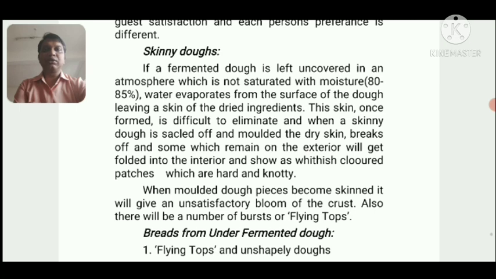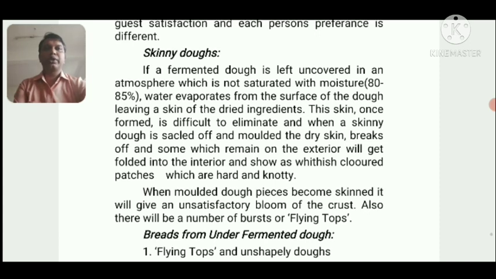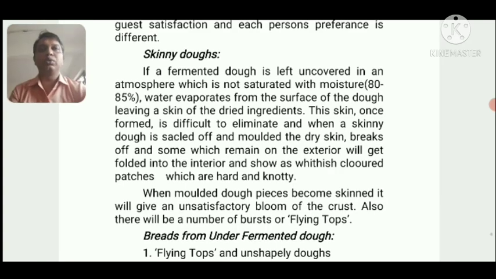What if you make a dough and it is not covered with moist towels or paper, and you have kept the dough where the dryness is more, and the dough's dryness has come out?